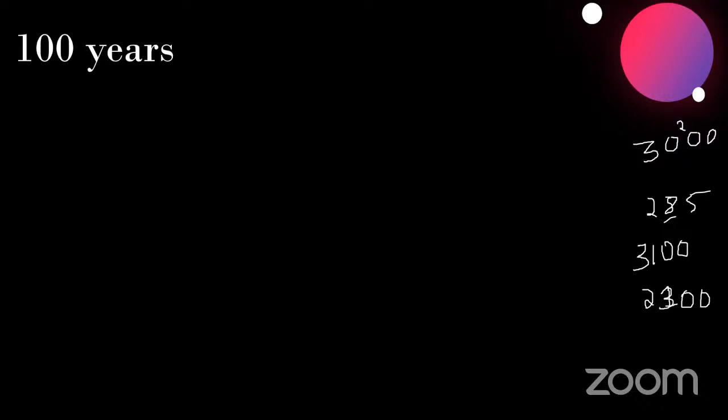So to know that, you want to know how many numbers from 1 to 100 are divisible by 4. Can you put it on the board and tell me?